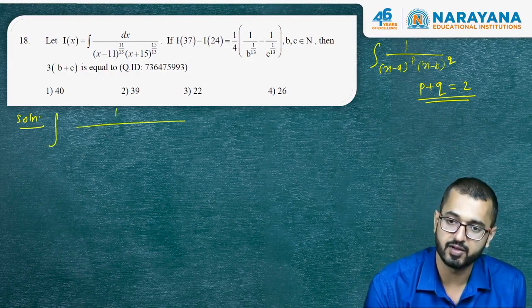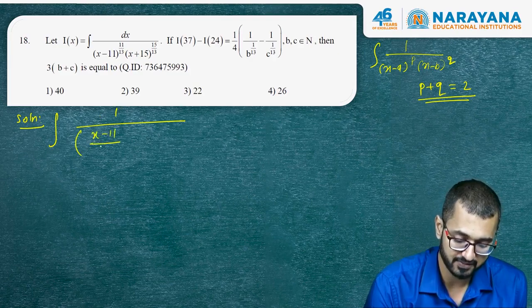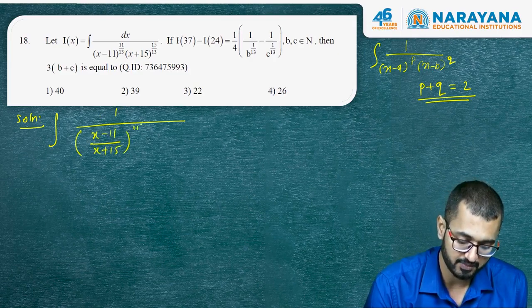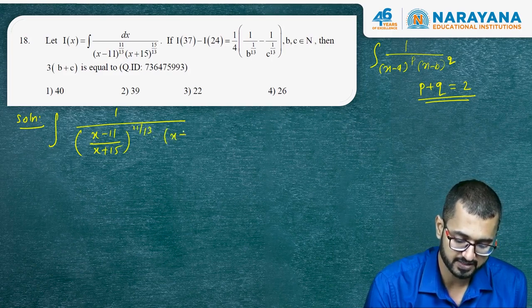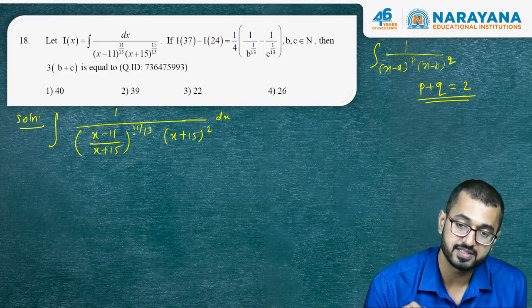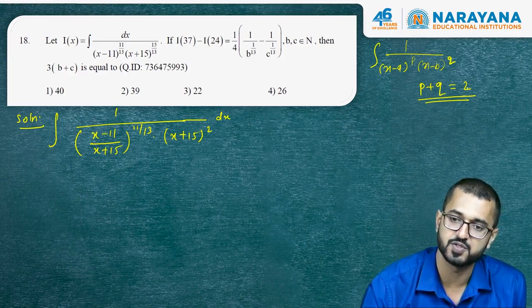If you watch carefully, 11 by 13 plus 15 by 13 gives me 2. So I can write down (x minus 11) over (x plus 15) to the power 11 by 13 into (x plus 15) square. You see, this is (x plus 15) to the power minus 11 by 13 plus 2, that is balanced now, just because of this beauty, p plus q is 2.